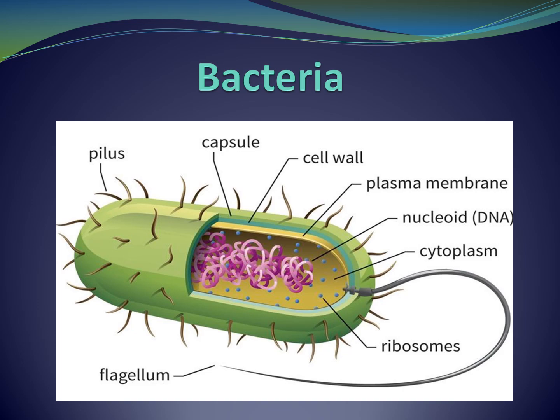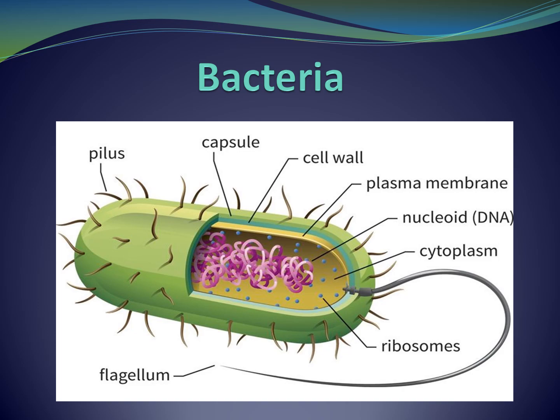You can have a cell wall and plasma membrane. A lot of people use those terms synonymously, but they are separate structures. We have the nucleoid, which is going to be where DNA is stored. We'll talk about that more too.